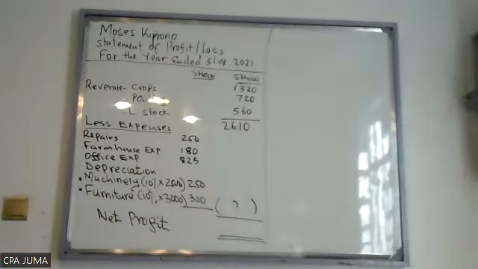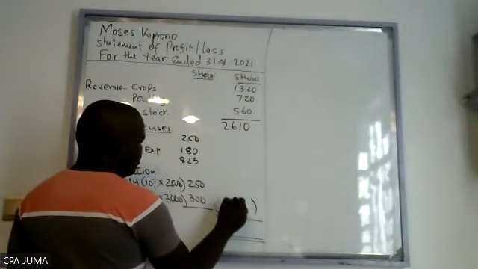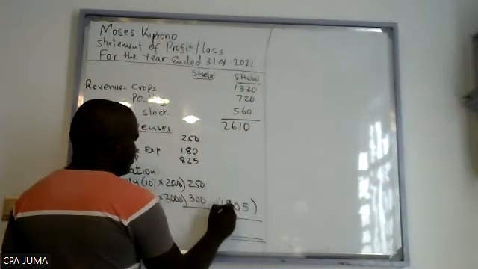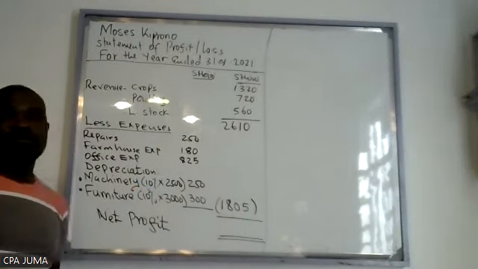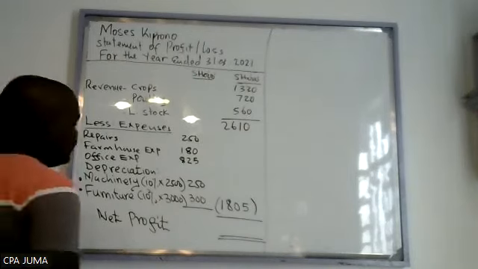Total expenses only 1805. So net profits 805.